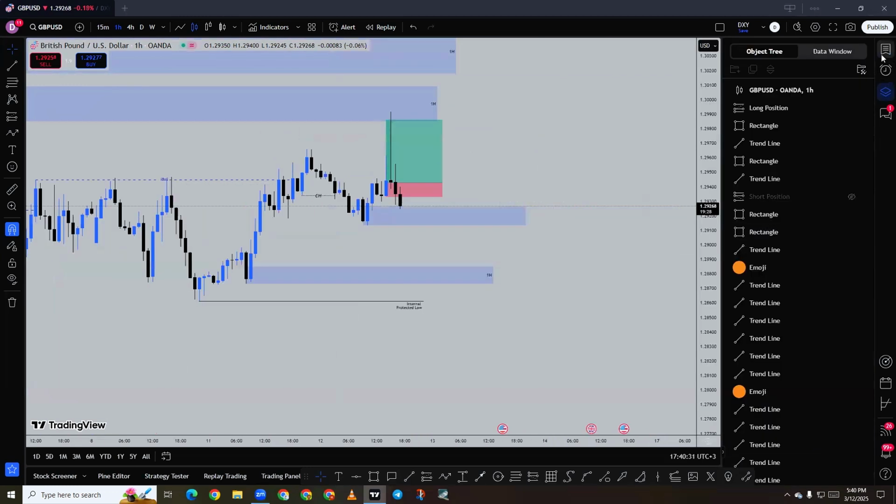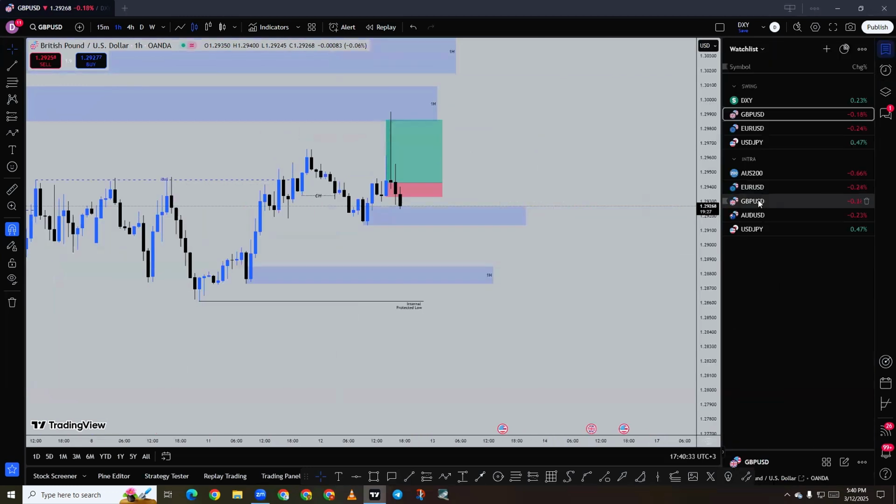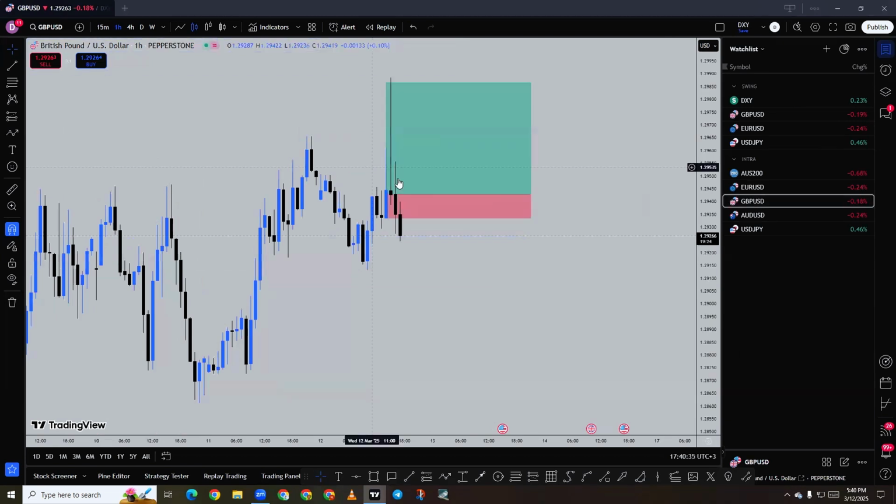I can just show you. Yeah, so 4.75 area. That is where I got in, and then the CPI gave me that nice trade to the upside.